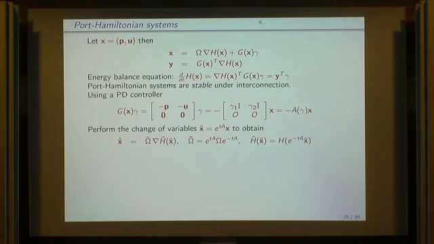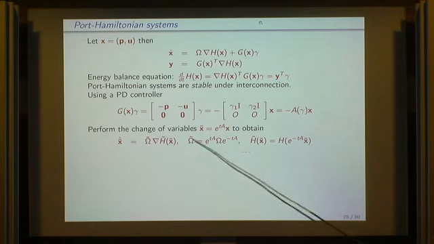And still maintain the same structure. If you do this interconnection of the two systems in a proper way, then you still have something that has the same structure, so a Hamiltonian function of a similar type.